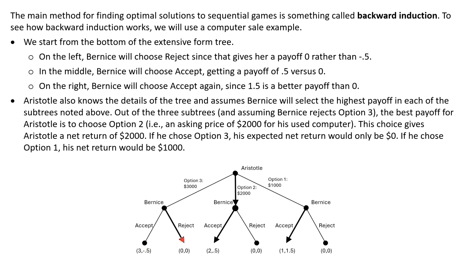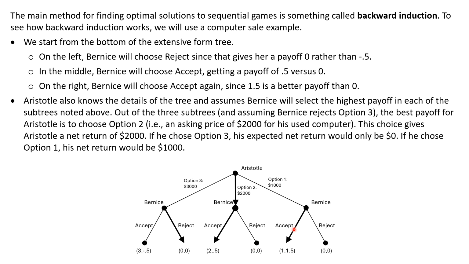And if she rejects, then neither party loses or gains. In the second option, Bernice would accept because she would see a profit of 0.5 or 500, and Aristotle would see a revenue of 2,000 or 2. And again, in each case, if the offer is rejected, neither party loses or gains.